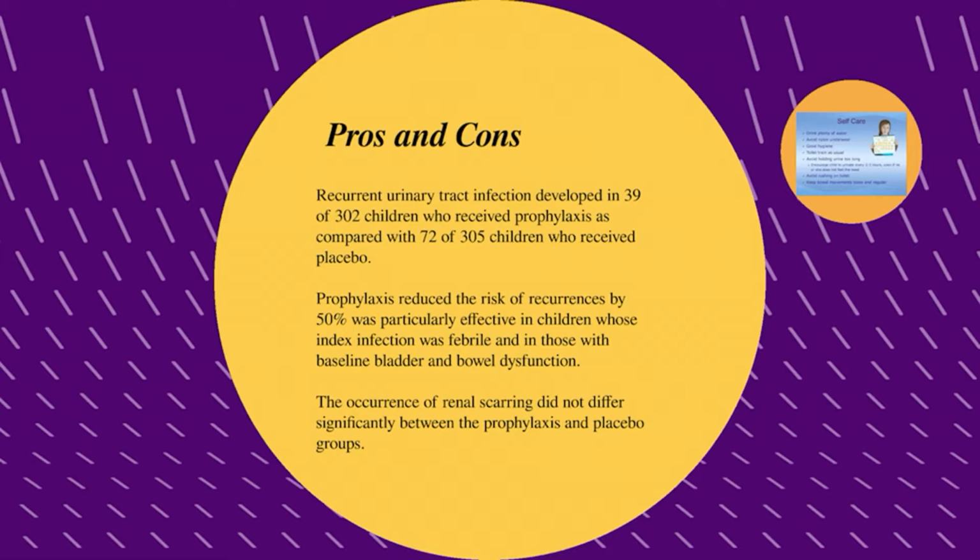Prophylaxis reduced the risk of recurrence by 50%, and was particularly effective in children whose index infection was febrile and in those with baseline bladder and bowel dysfunction. The occurrence of renal scarring did not differ significantly between the prophylaxis and placebo groups.